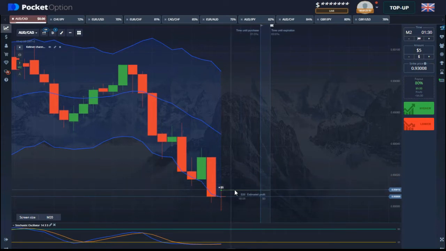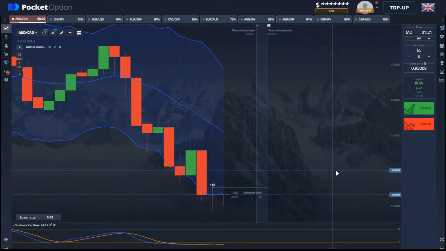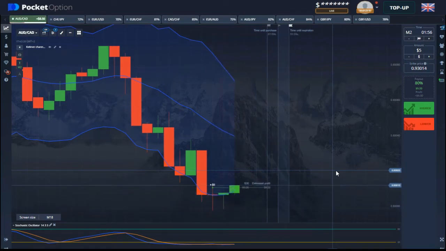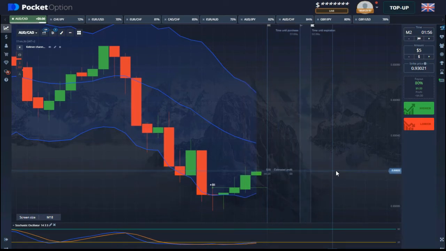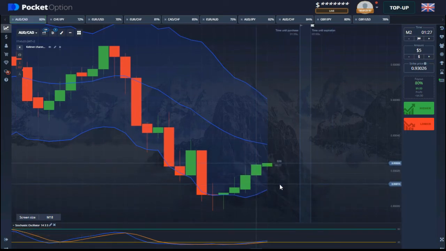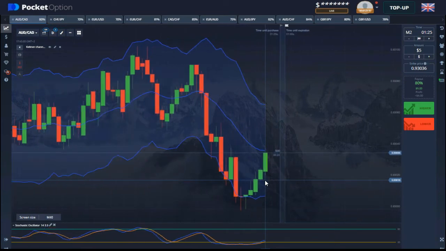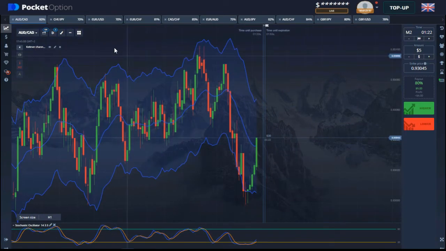That's why I took the trade here for 2 minutes up. There is the result. I'm in the money, so let's find another moment.